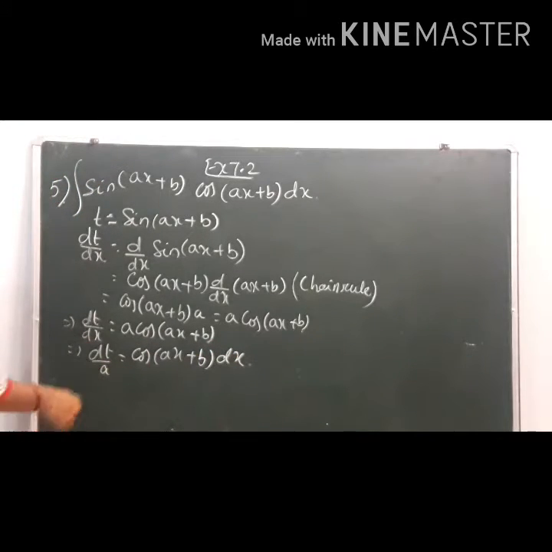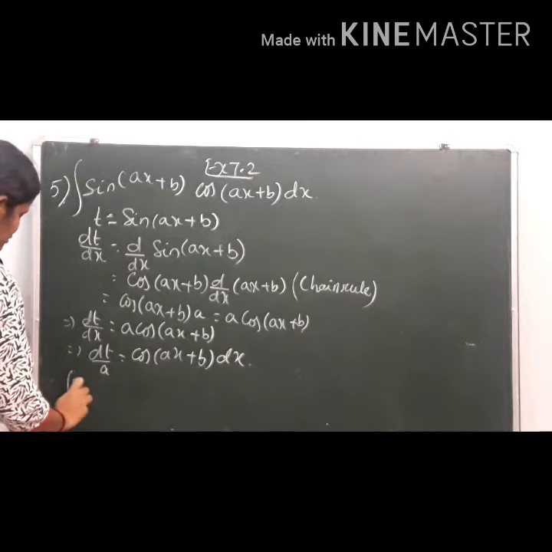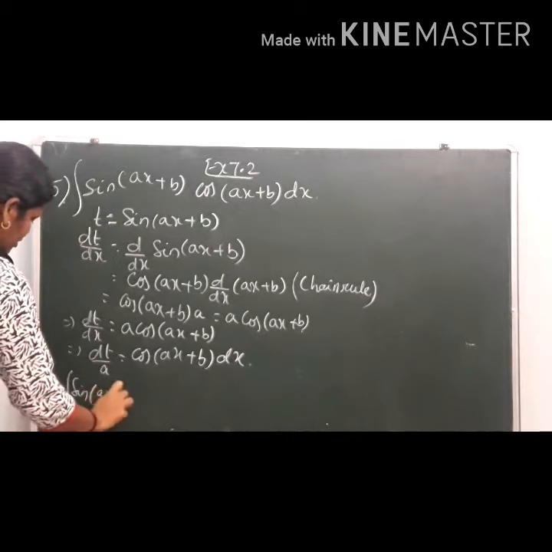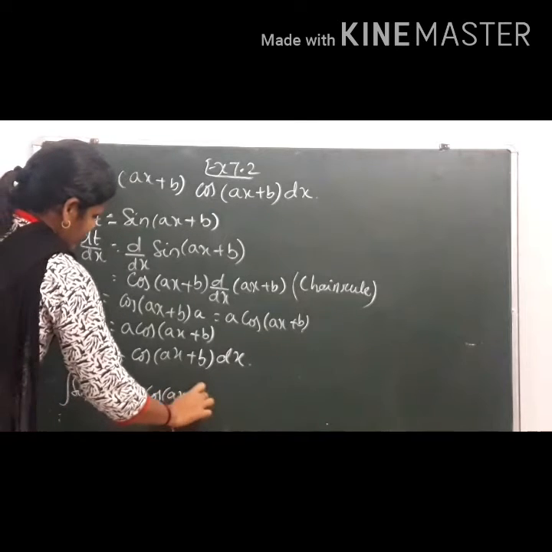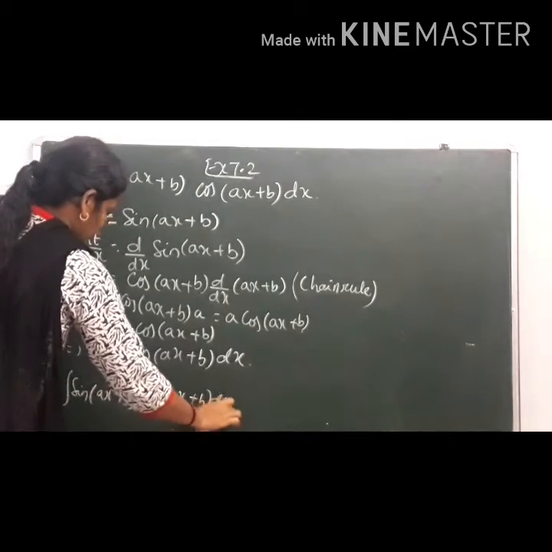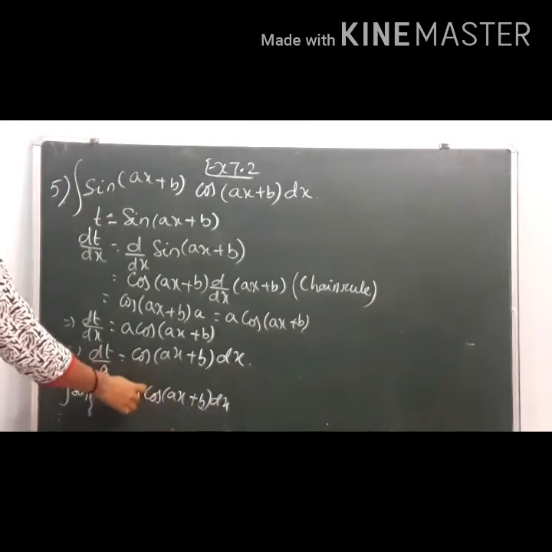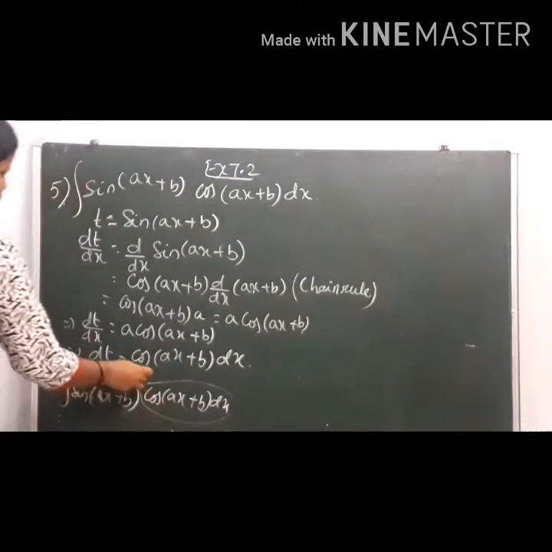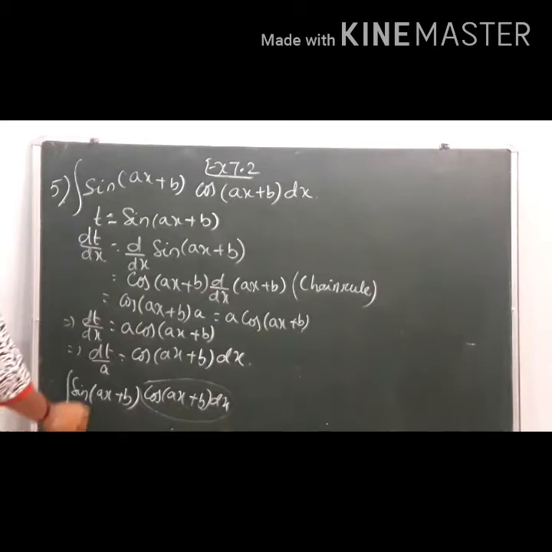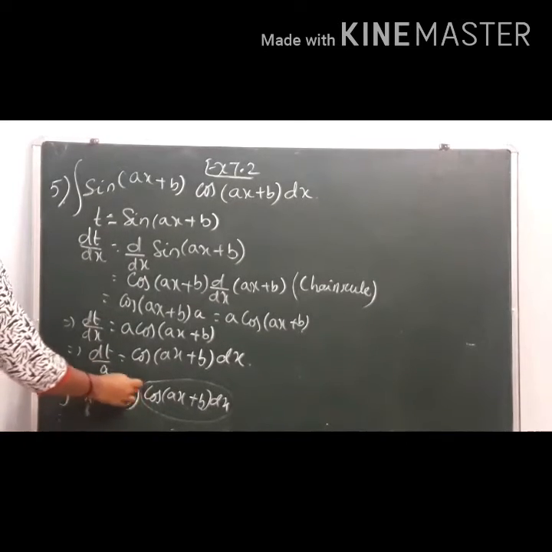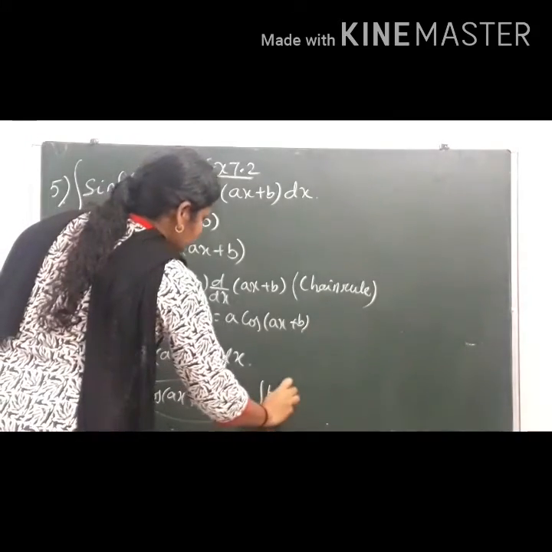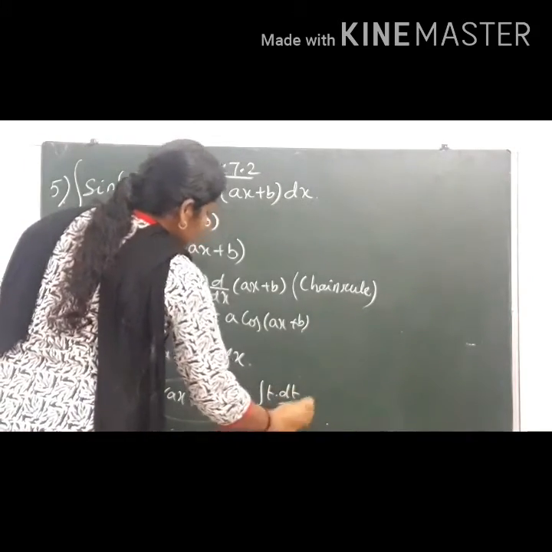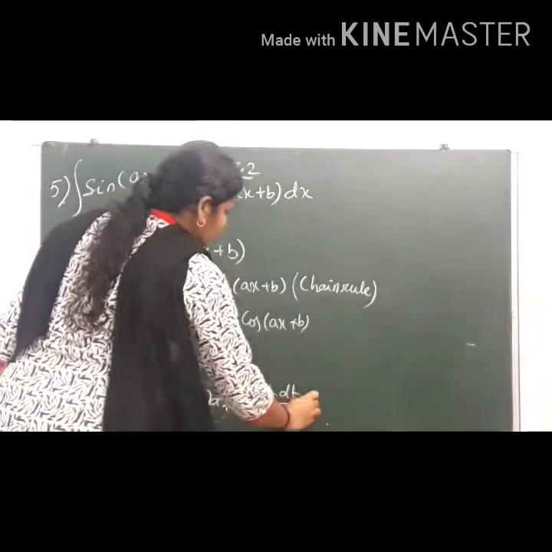So the function can be converted into sin(ax + b) into cos(ax + b) dx. In place of cos(ax + b) dx, we can write dt/a, and sin(ax + b) we substitute as t here, so that we will get t dt/a. a is the constant, you will take it out.